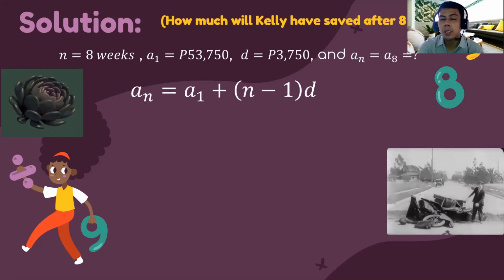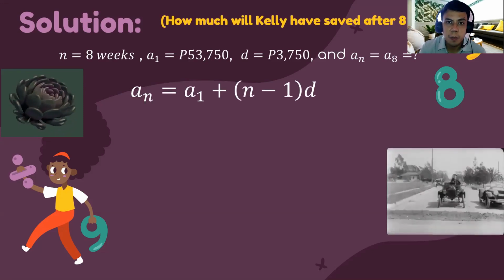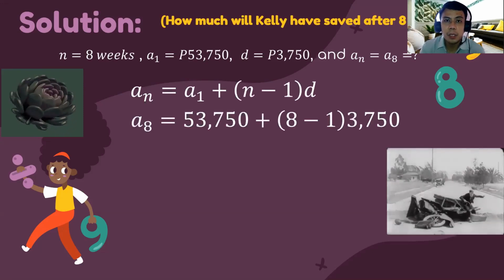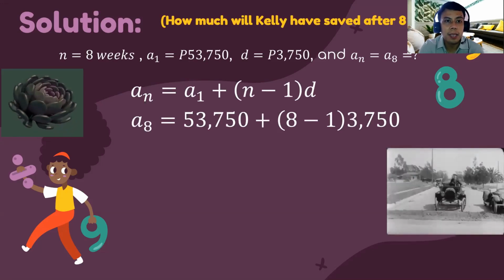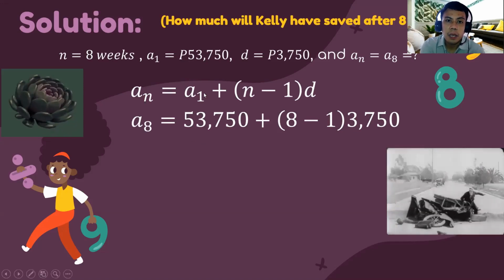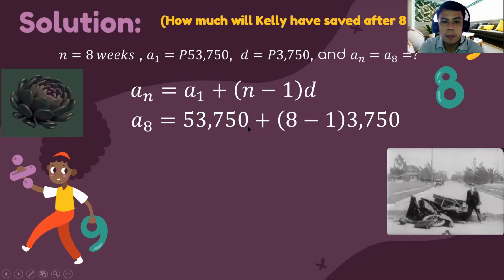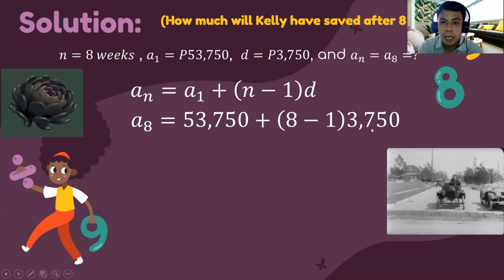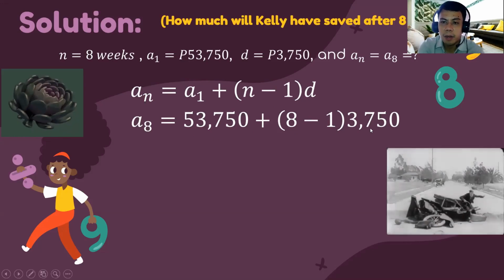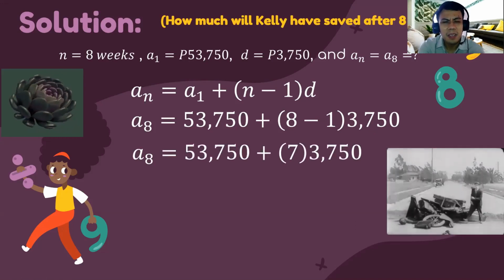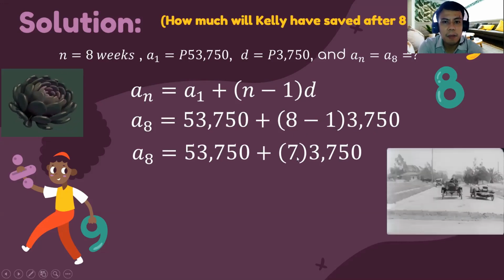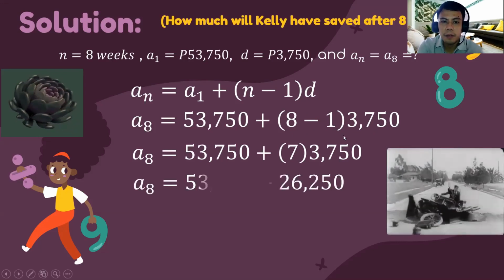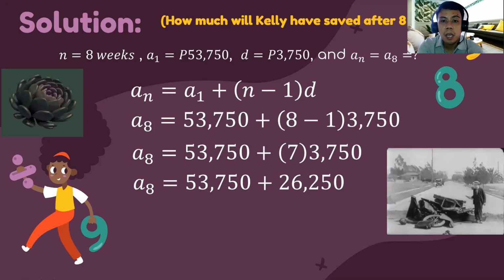Now, let's show the solution. So we are going to use the arithmetic sequence formula. After that, substitute in the formula. So we have A sub n, with n equals 8, equals the first term, 53,750, plus n, which is 8 minus 1, times d, which is 3,750. So here, let's simplify. 8 minus 1 is 7, times 3,750, that is 26,250.